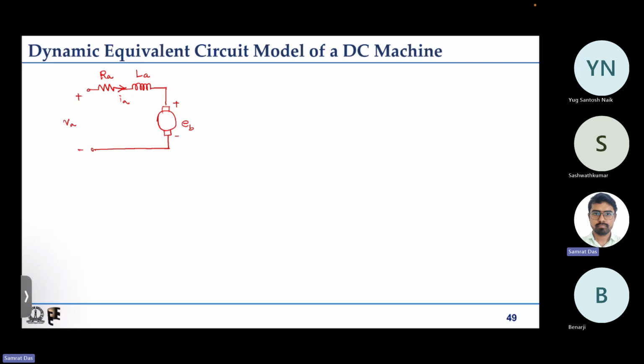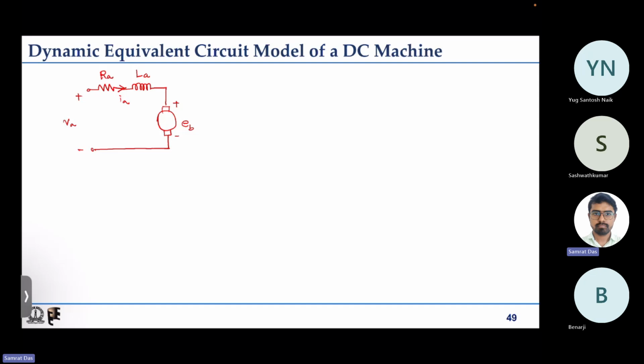Now along with that we have the field winding also. We have understood why there is no induced EMF in the field winding, in the sense that there is no speed dependent EMF appearing across the field winding, and the only induced EMF is due to the inductance in the dynamic condition.